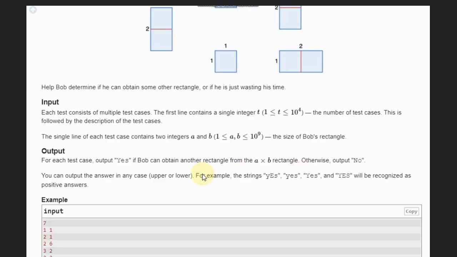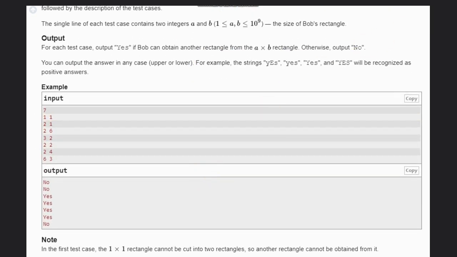So let's see some cases and then we will jump to the solution. First, 1 cross 1. It will be integer division obviously, so we can't cut, right? So this is a straightforward no. Let's forget this, and we have 2 cross 1.